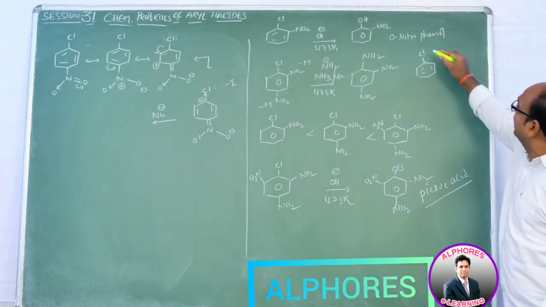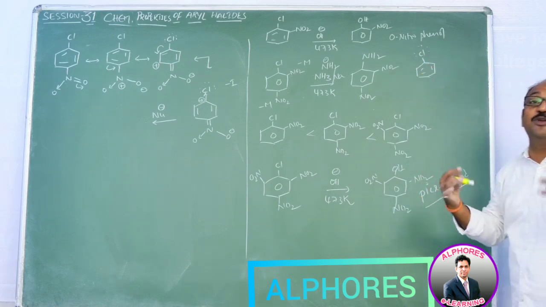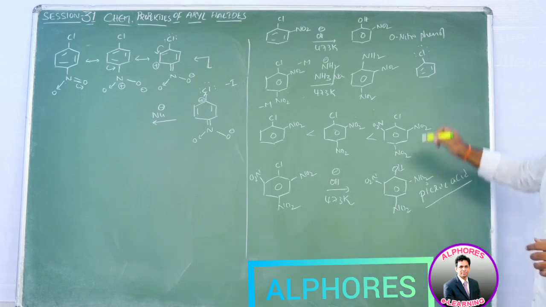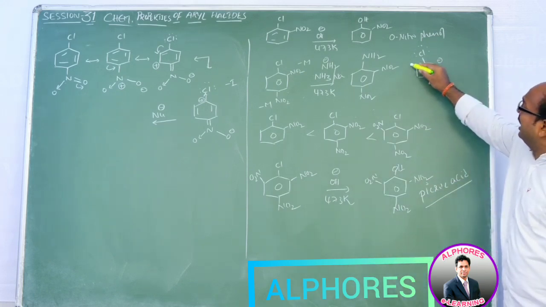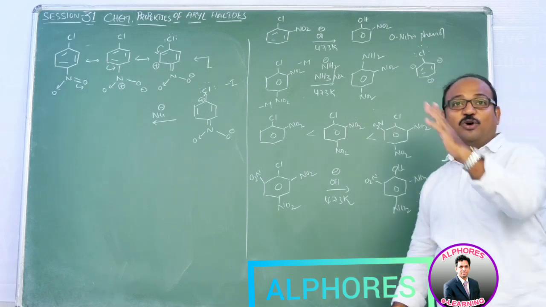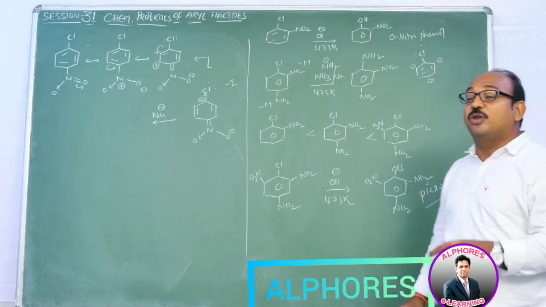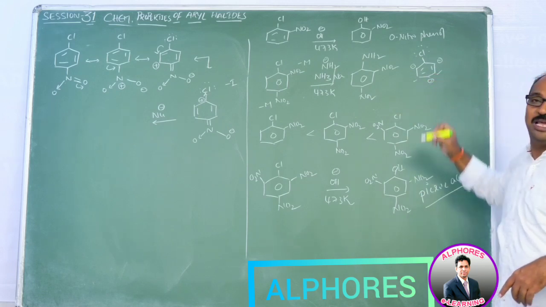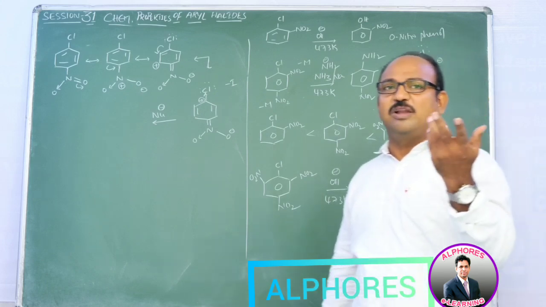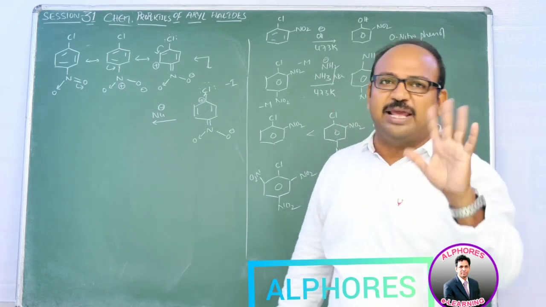If a nucleophile, which carries a negative charge, comes, the chlorine says that here negative charge, here negative charge, here negative charge, all because of myself, so you are not supposed to go there. If you want, you can attack at the meta position. There the positive charge is not there, but the negative charge is also not there, so being negatively charged, you can attack at the meta position.